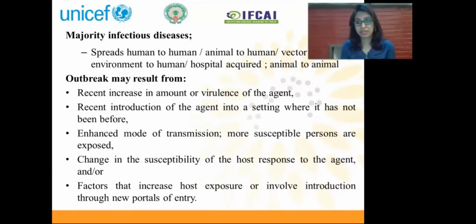Otherwise, with the mutations which happen so fast, these epidemics can easily cross the borders and reach humans and also become new epidemics in humans of unknown bacteria or viruses which have not affected humans earlier. So it is important to keep track of any kind of infections all across the world.